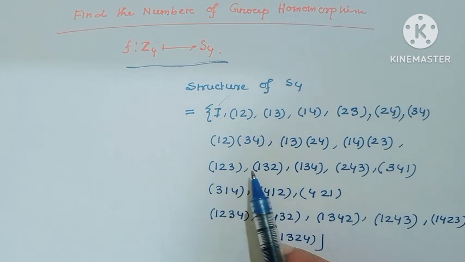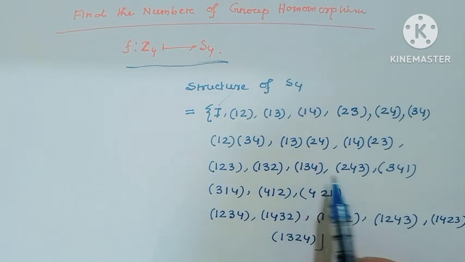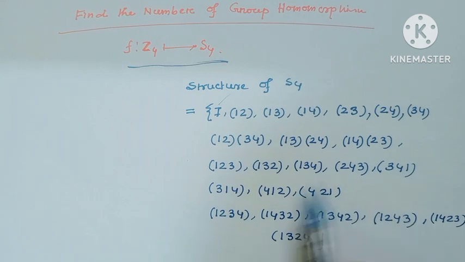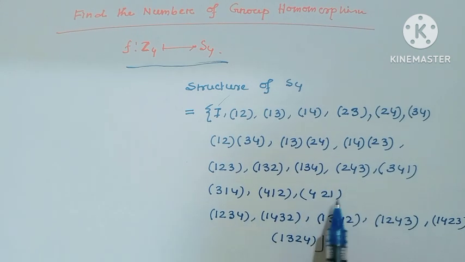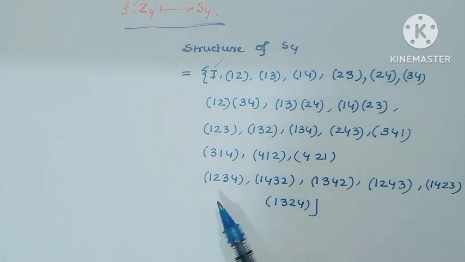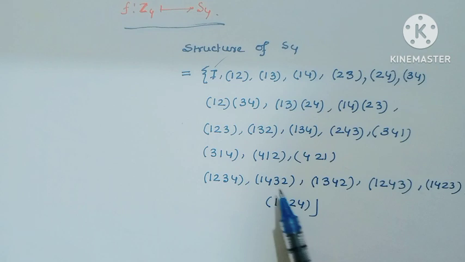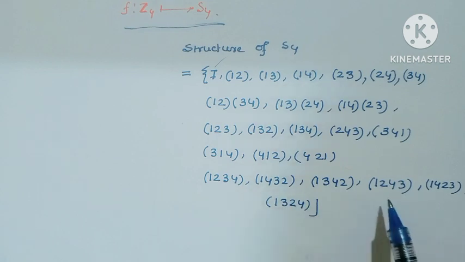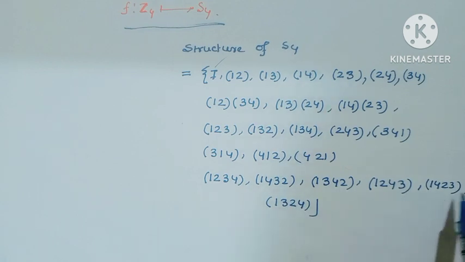The elements are (1 2 3), (1 3 2), (1 3 4), (2 4 3), (3 4 1), (3 1 4), (4 1 2), (4 2 1). And the elements of order 4 are (1 2 3 4), (1 4 3 2), (1 3 4 2), (1 2 4 3), (1 4 2 3) and (1 3 2 4).